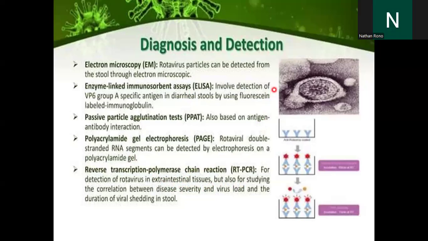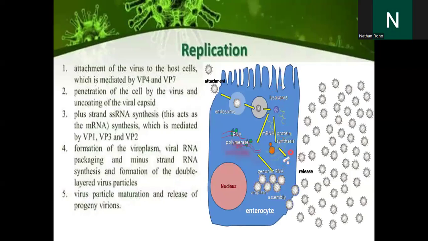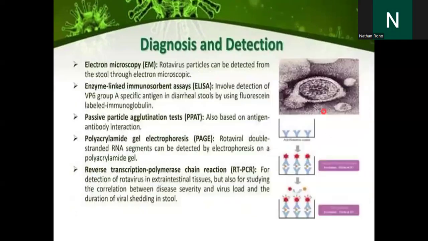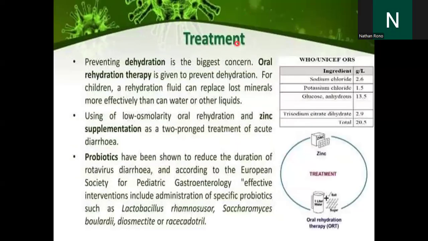Remember we said back here, when we released the virions, there are very, very many. So PCR is able to quantify the amount of viruses that you have. If you have more viruses, we expect that the disease will be severe. Basically, that's how PCR is used in detection of rotavirus. Make sense?